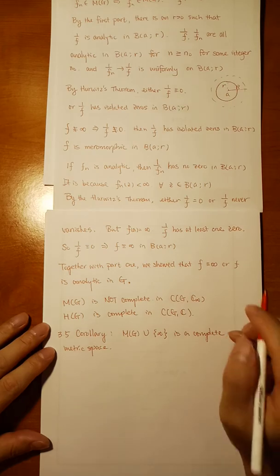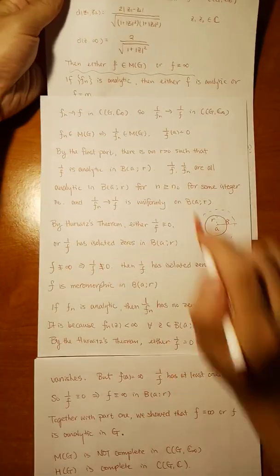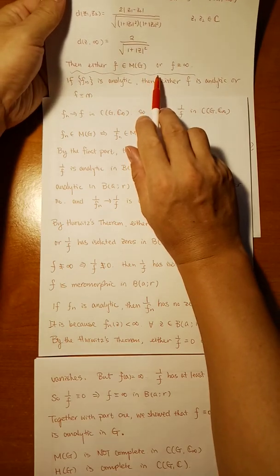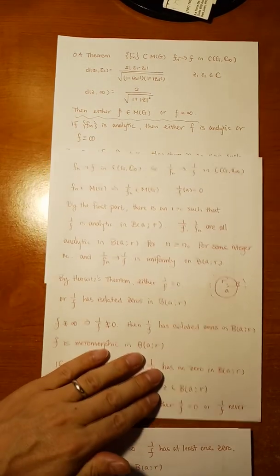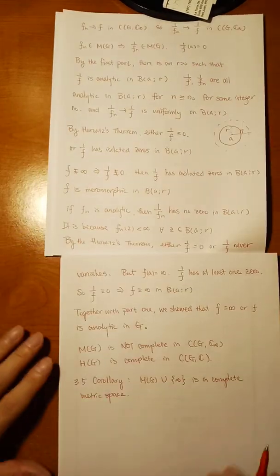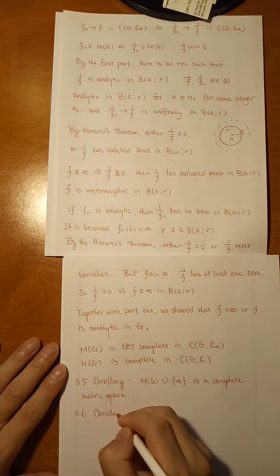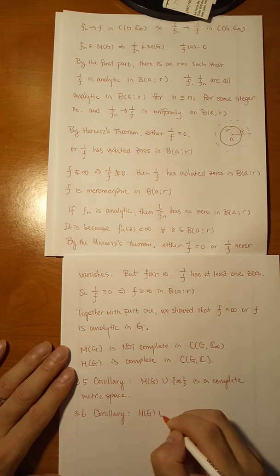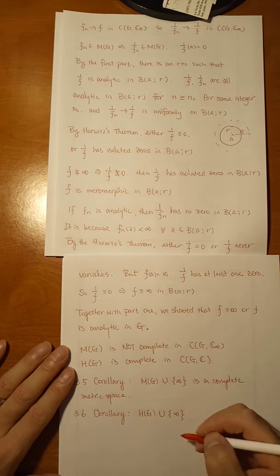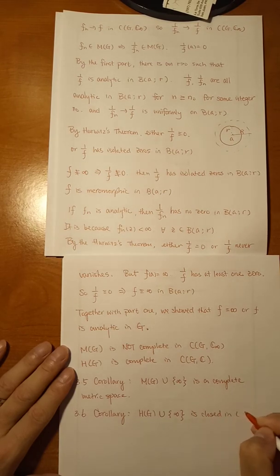So this is the result from the first part, and the conclusion of the second part says the H of G, the set of all analytic functions together with infinity, is closed in C union infinity.